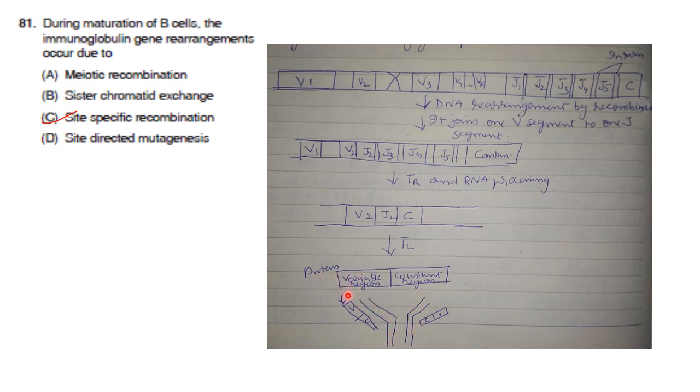So this is the variable region, and this is the constant region. V and J will give rise to the variable region, and C will give rise to the constant region. So this is the resulting protein. So maturation of B cell, the immunoglobulin gene rearrangement occurs due to site-specific recombination. So answer is option C.